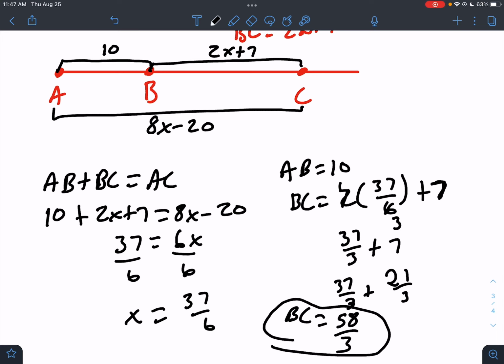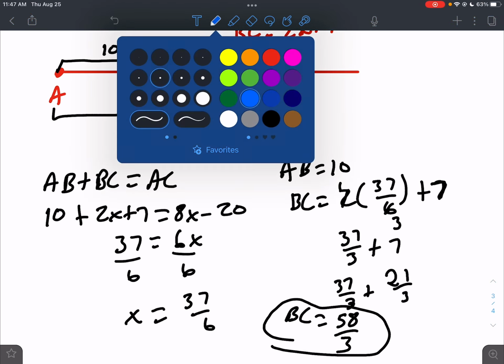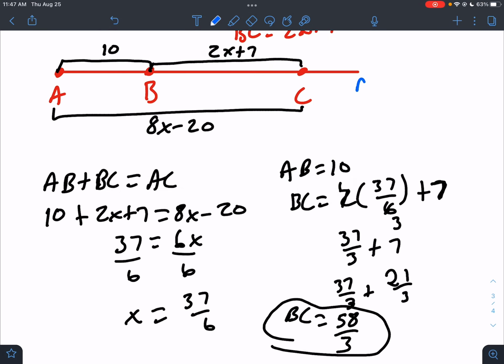Whoop. And I'll change color so we can see it, but I'm going to do the same thing with AC. AC would equal 8 times 37 over 6 minus 20. 8 and 6, take out a 2. That reduces to 3 and 4. Multiply the top, be 120 plus 28.